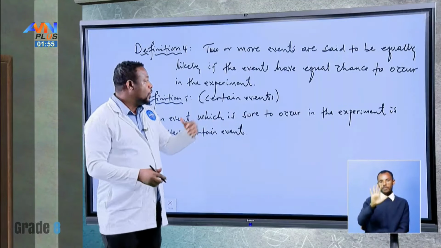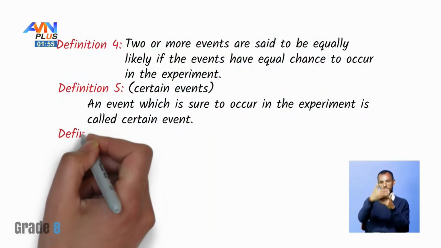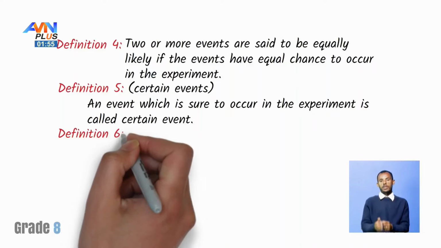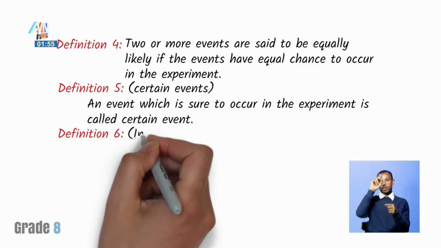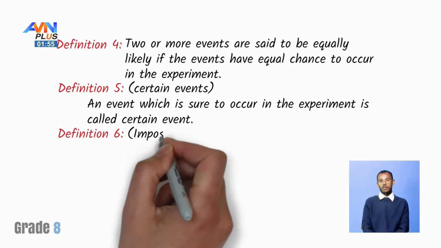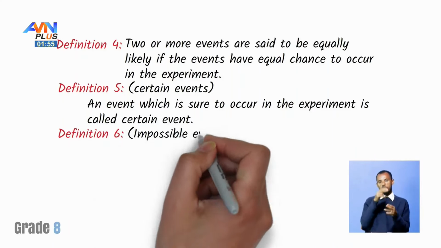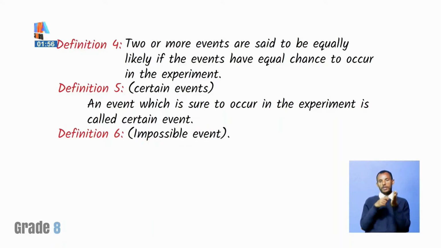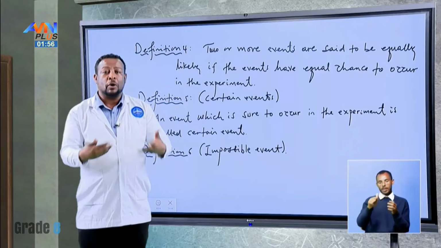Definition 6 is about impossible events.